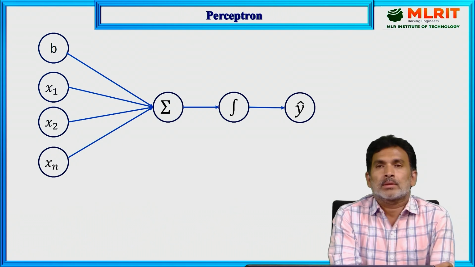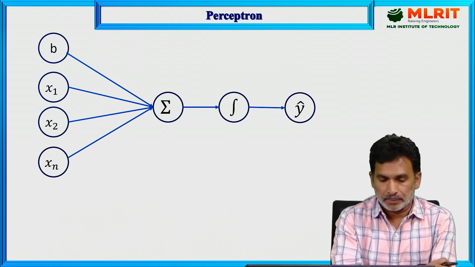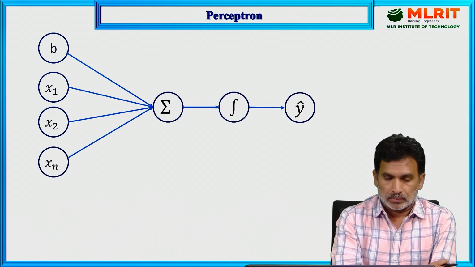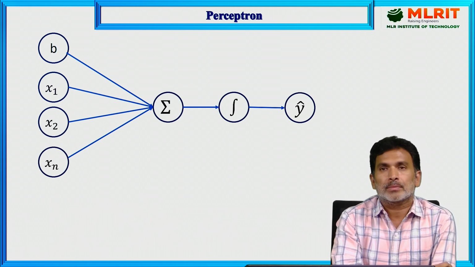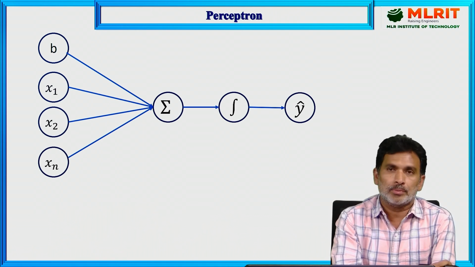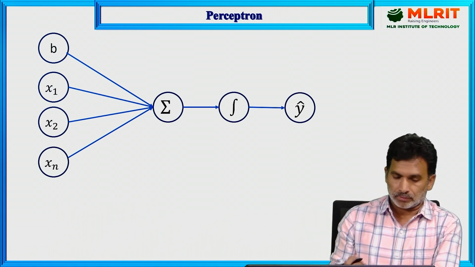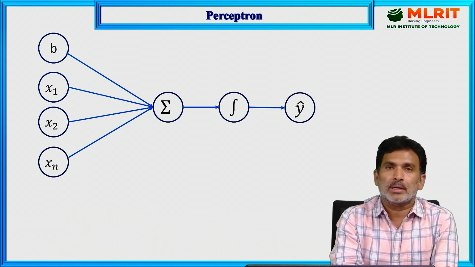Let us again go to the basic building block of an artificial neural network, the perceptron or single neuron, and we already discussed how it takes the input and produces the output. Let us recall the mathematical part behind this.